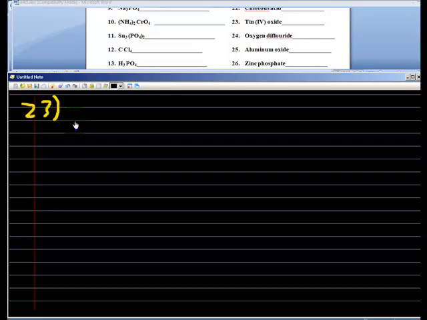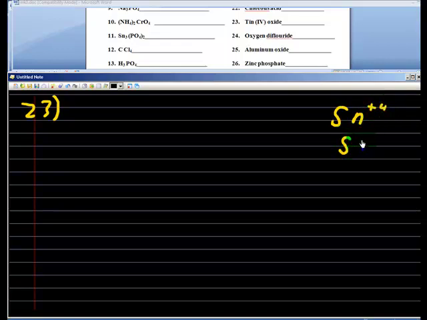Oxide. What is happening is the following. Tin, whose symbol is Sn, if you look at the transition metal chart, you'll notice that tin sometimes takes on a +4 ion charge.